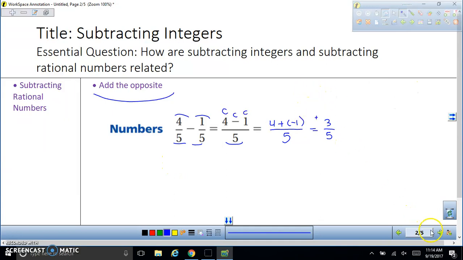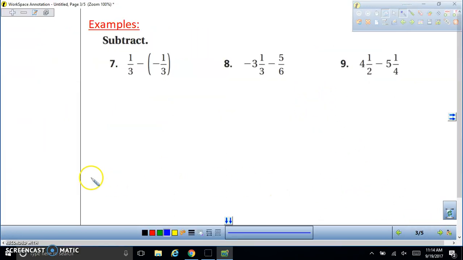Let's go into some examples. All right, so my suggestion is to add the opposite. We're going to go ahead and copy, change, change. Or we could have done it like the example before, but I'm just going to copy, change, change now, so I don't have to worry about it later.